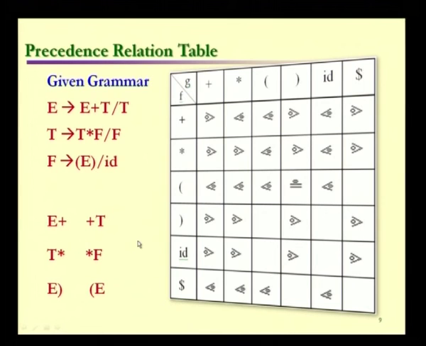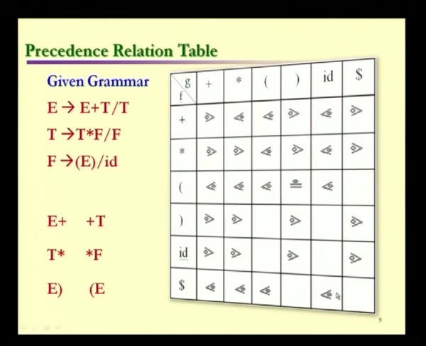Whatever symbol follows, they all should be shifted onto the stack. That means they all should be made precedentially greater, so that they will get into the stack irrespective of the symbol available on the top of the stack. So, we must have a special symbol, which is nothing but the dollar, and that will make everything be pushed inside the stack by setting the relationship less than, less than, less than and less than.